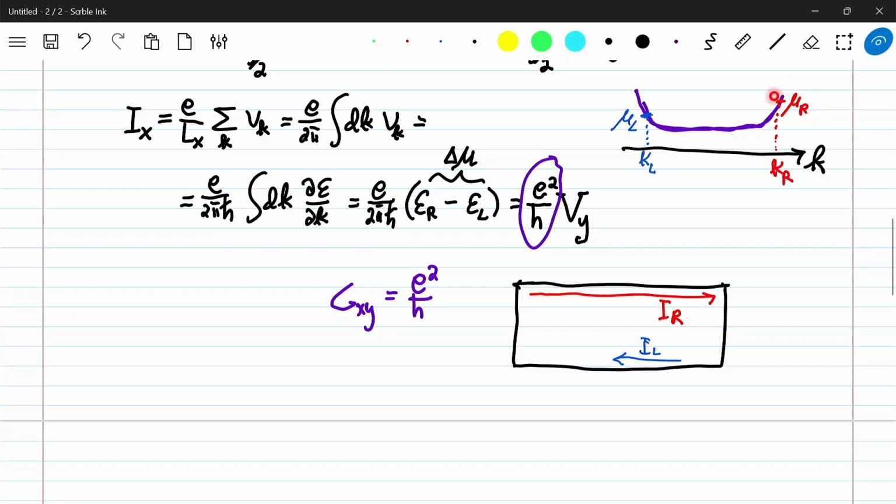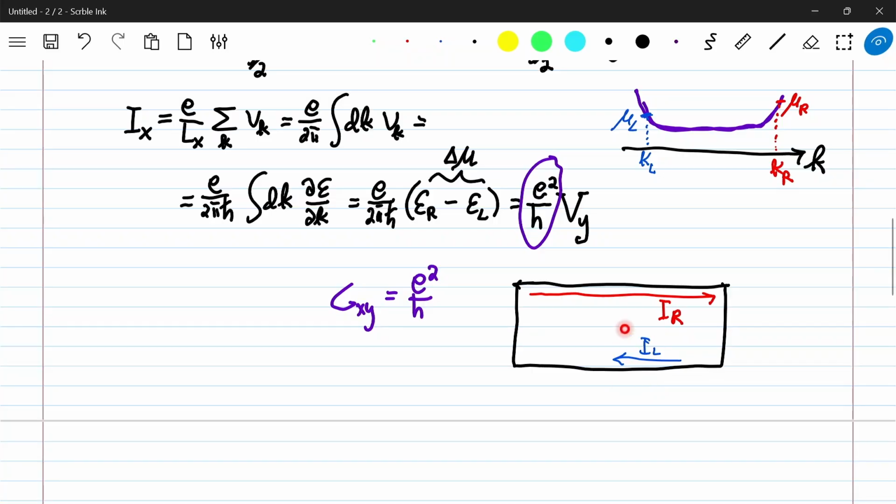And the important thing is that the right moving sector, which comes from one edge, is moving only in one direction, okay? So it's chiral. And on the other edge, we have left movers.